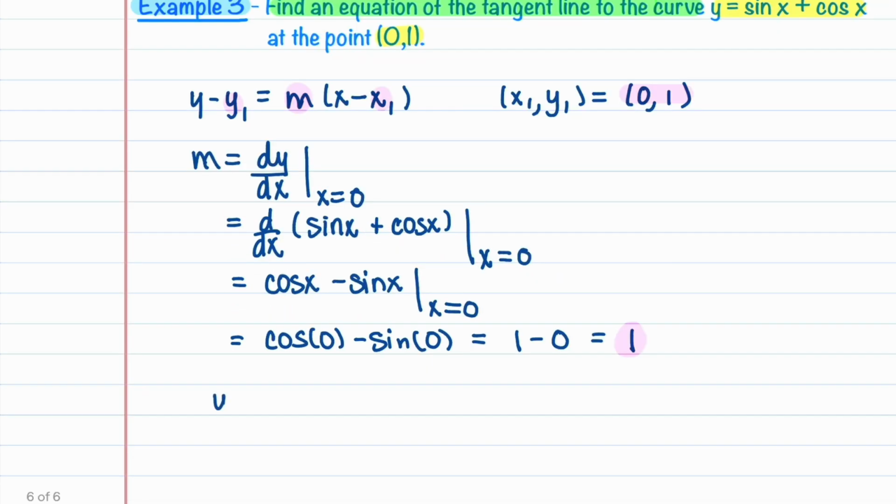This gives us y minus y1, which is 1, is equal to our slope, which is 1, times x minus x1, which is 0. So we have y minus 1 is equal to x, and that gives us the equation y is equal to x plus 1. And that is the equation of the tangent line to the curve y is equal to sine x plus cosine x at the point 0, 1.